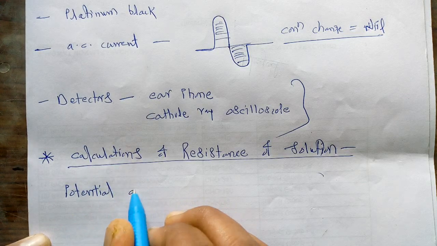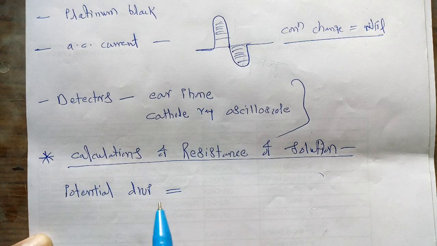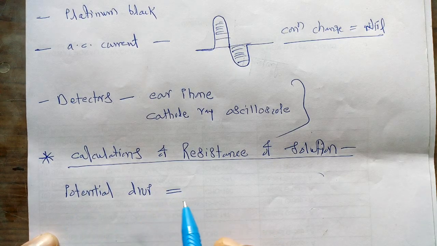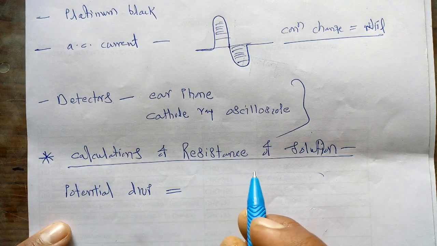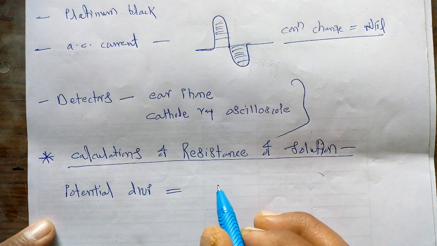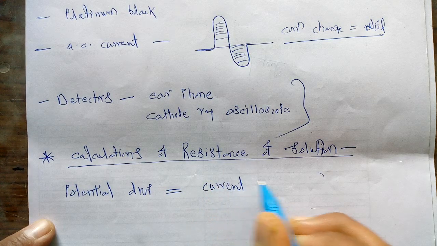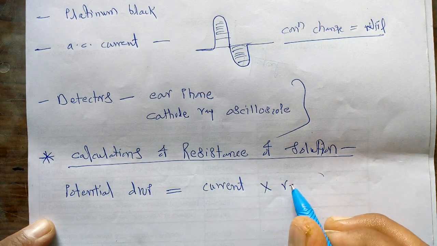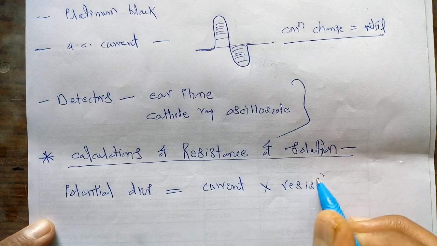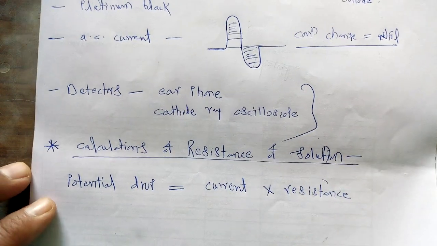What do we mean by this potential drop? Whenever current passes through a resistance, a potential drop occurs, and this potential drop is nothing but the product of current multiplied by resistance.